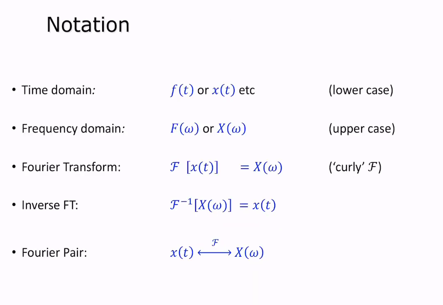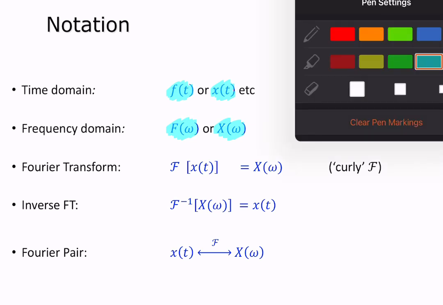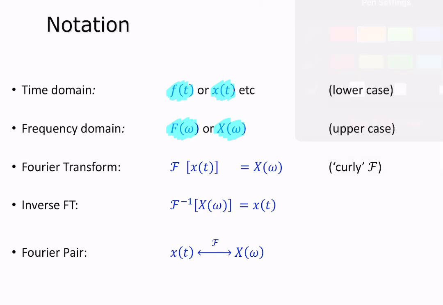And just a little bit about notation. Remember I said a time domain expression is always lowercase. The frequency domain notation is the same letter but uppercase. And instead of t, we use omega.